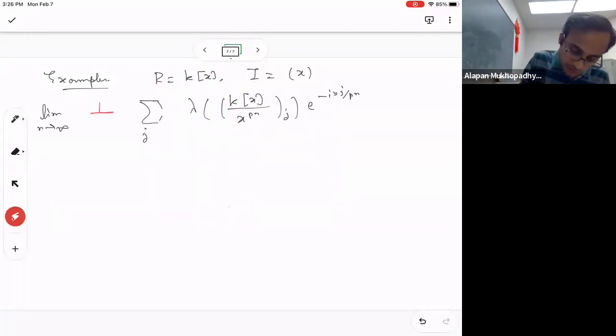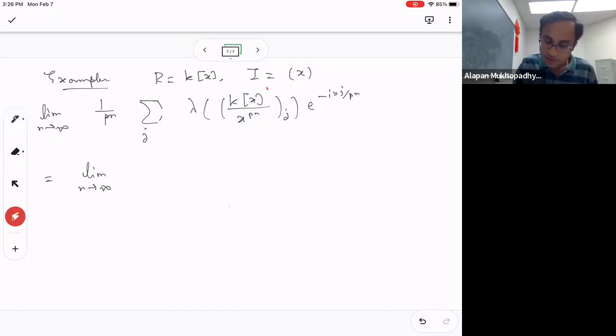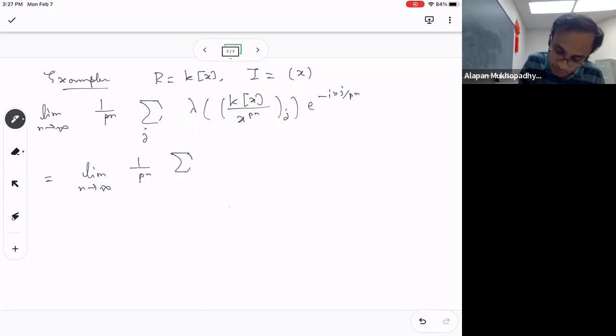Wherever it's non-zero, the length is just 1. So this is the limit of 1/p^n times the sum from j equals 0 to p^n minus 1 of e^(-iyj/p^n).